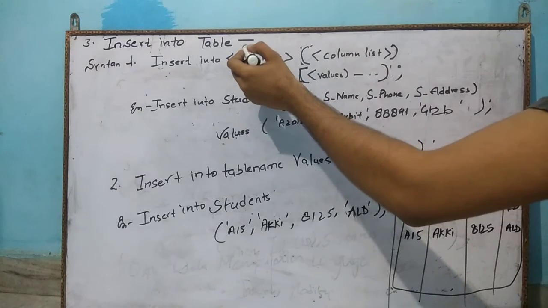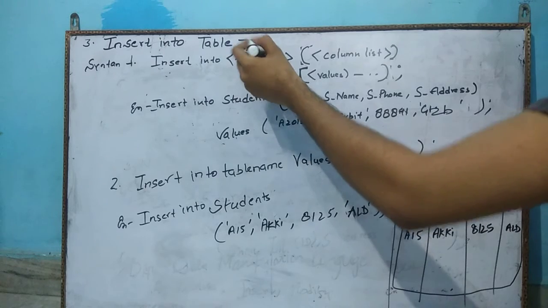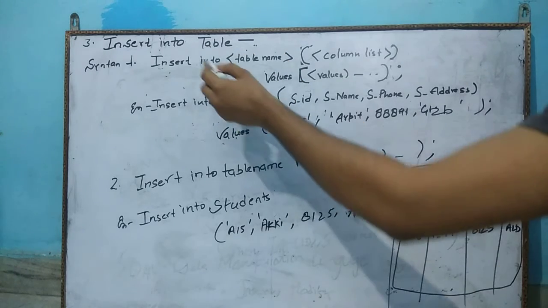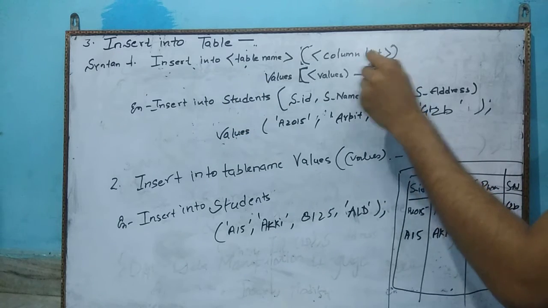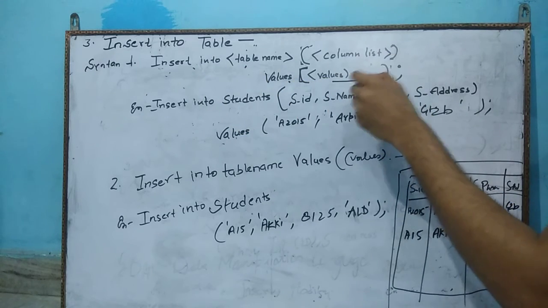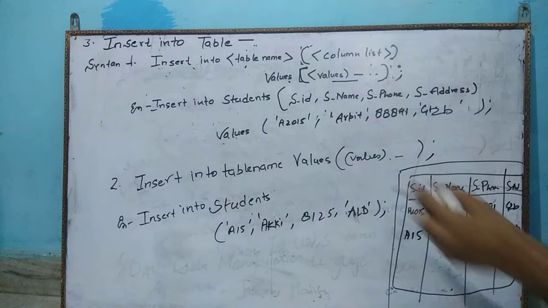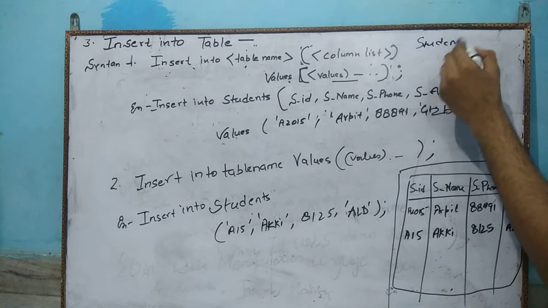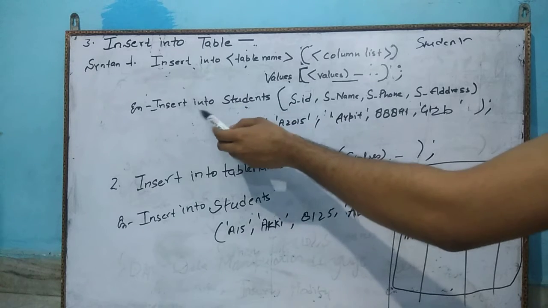After creating the table, we want to insert values in the table. There are two syntaxes for insert in table. Number one is insert into table name, column list, values, and semicolon at the last. For example, if there is a student table, we want to insert values in this.